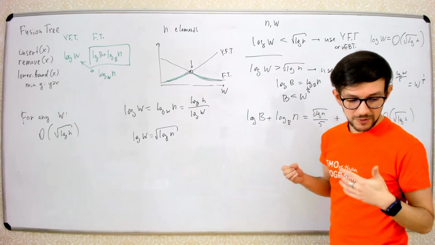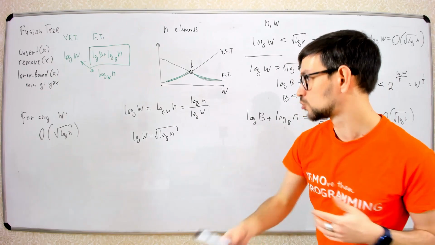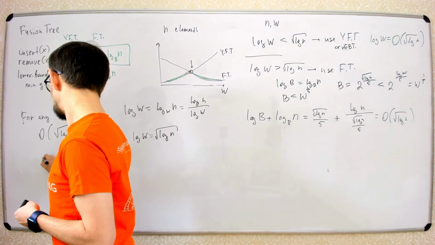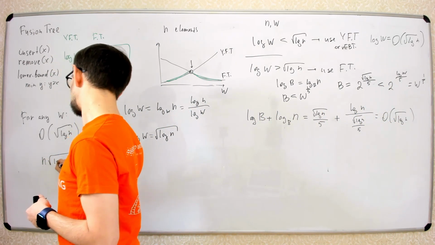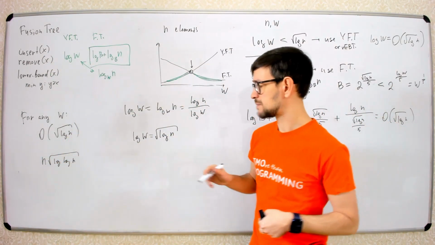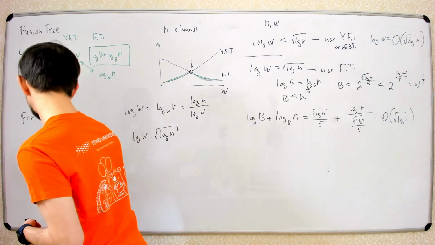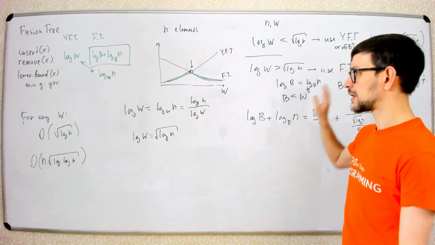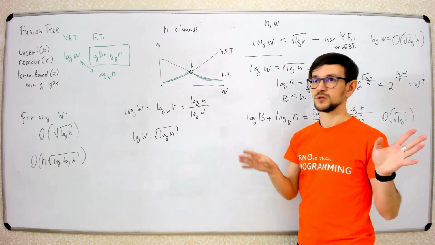That's not the best result people know. People actually know how to sort integers in time n square root of log log n. That's the best known result by now for sorting integers.